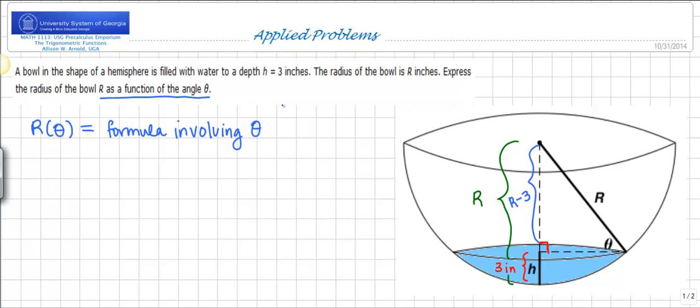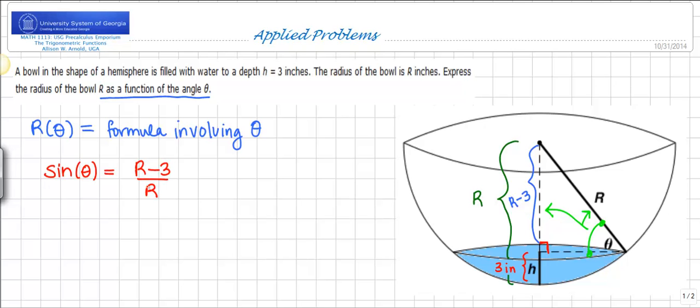Now what I see is the angle theta here in a right triangle, where the side opposite theta is capital R minus 3 and the hypotenuse is capital R. This naturally lends itself to using the sine function. So sine of theta is the ratio R minus 3 to R.